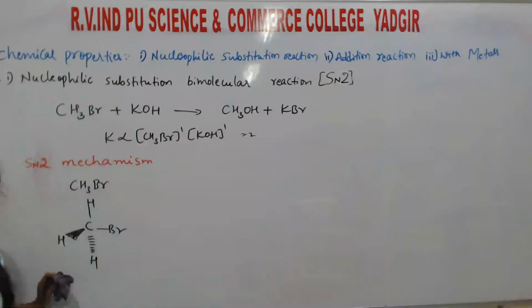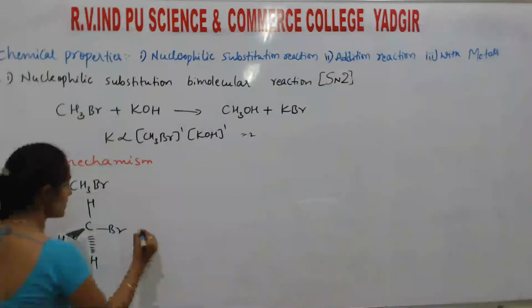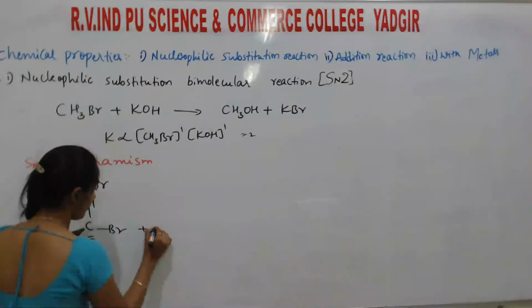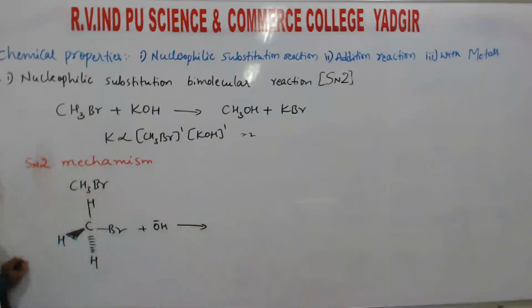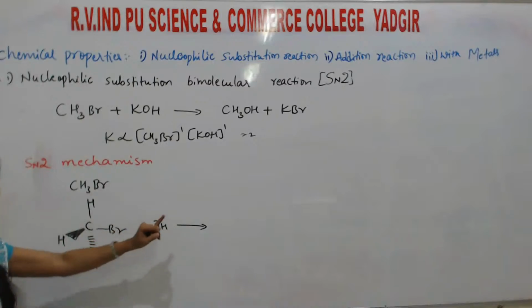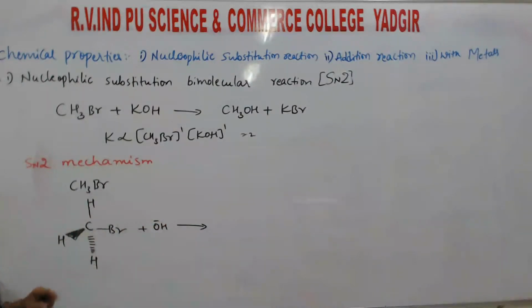This is tetrahedral. These four represent different positions. If the nucleophile attaches, then what happens? The nucleophile starts bonding from this direction, and at the same time the Br dissociates in the opposite direction. Understand?